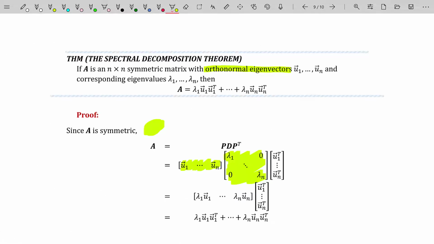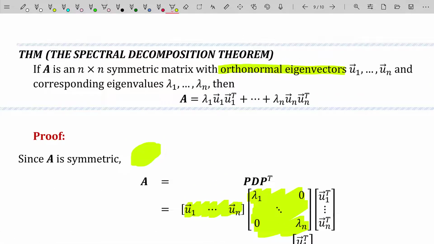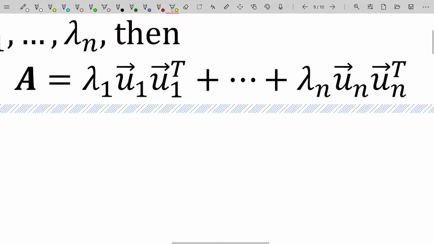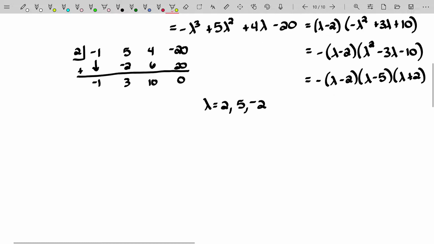Not only that, but by this theorem right here, because we're going to have 3 distinct eigenvalues, all of our eigenvectors are going to be orthogonal to each other, and we can normalize them so they'll be orthonormal, and then we can decompose A into this little linear combination right here. Now at this point, you've done all the eigenvalue, eigenvector work for so long, I'm just going to quickly write down the corresponding eigenvectors for these eigenvalues.